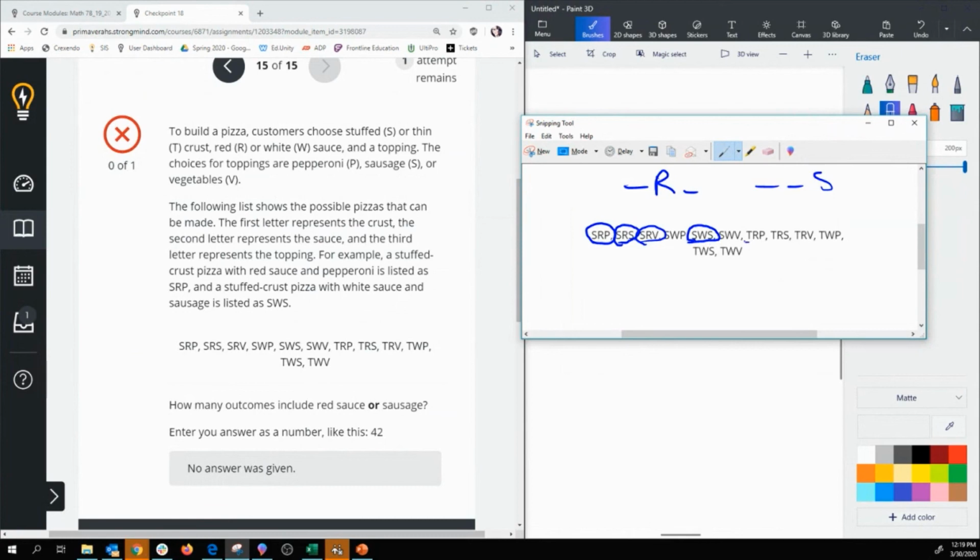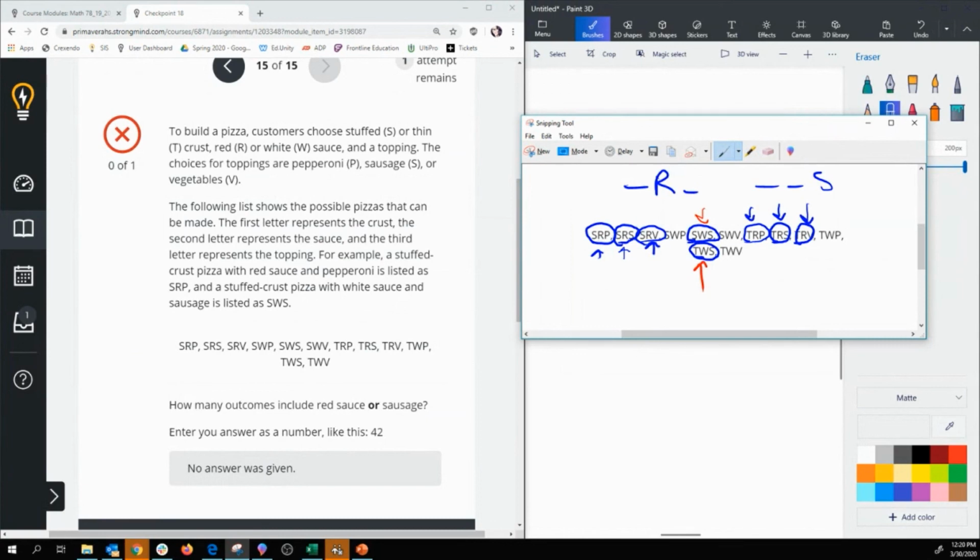I have TRP, R in the middle, another R in the middle, R in the middle, and S at the end. Okay, so these are all of the options that have red sauce, right? These ones have red sauce. And then these two don't have red sauce, but they have sausage, so those count.